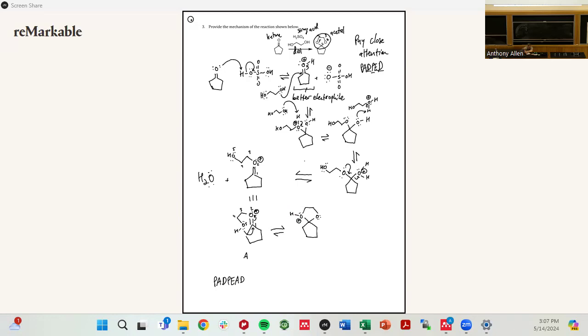So we'll just use water. You could use water, you could use another equivalent of the diol, you could use the conjugate base of sulfuric acid. Either way.